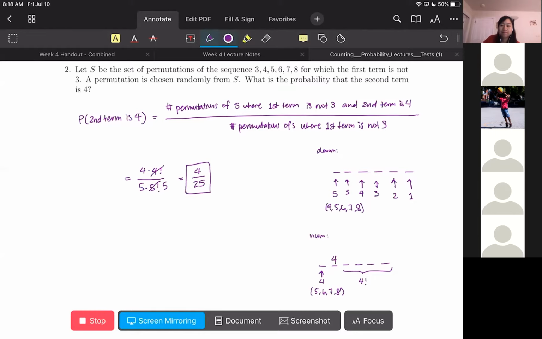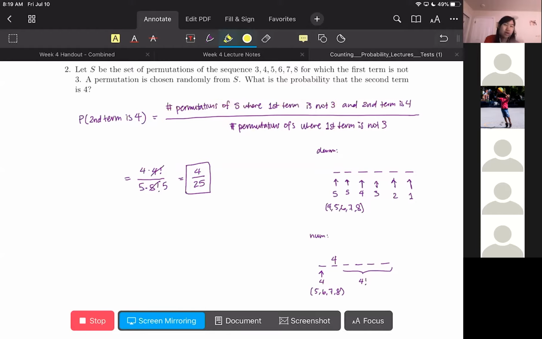Any questions on this one? Yes, the numerator, you said the probability is the number of permutations of S where the first term is not 3 and the second term is 4, and the denominator is the number of permutations where the first term is not 3. So why didn't you add the 5 times 5 factorial to the 4 times 4 factorial? So this quantity is 5 times 5 factorial, and this quantity is 4 times 4 factorial.